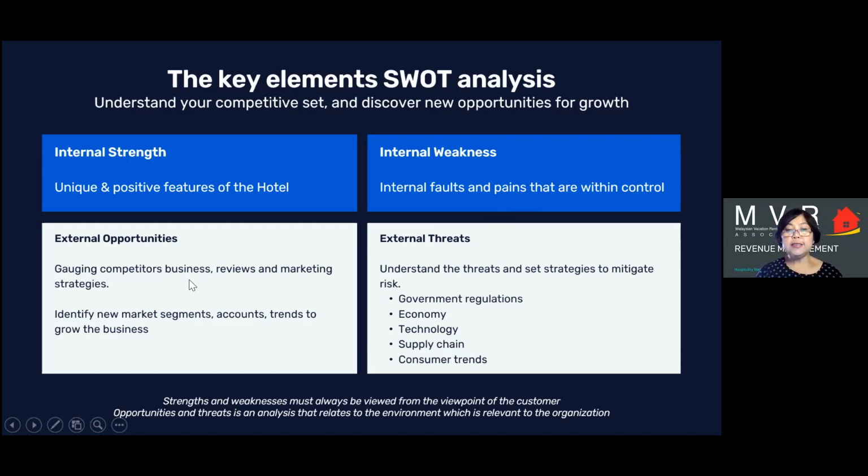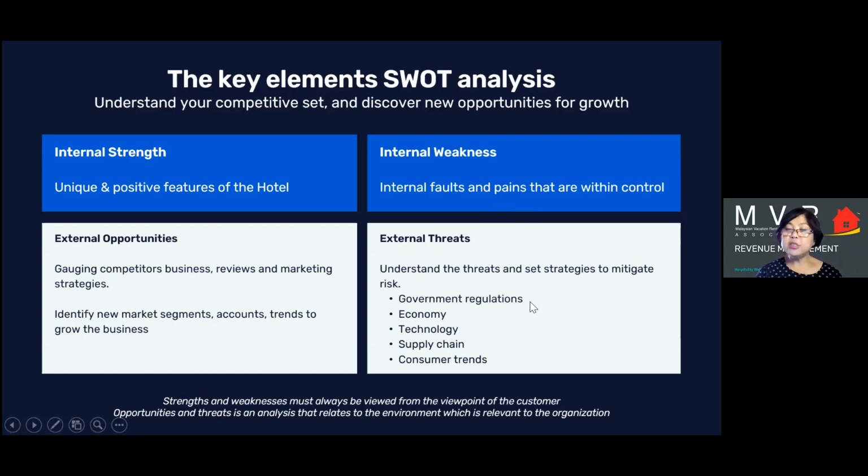External opportunities: you have to gauge competitors' business, reviews, and marketing strategy, which you may like to emulate or copy. And you got to identify new market segmentation, accounts, and trends to grow your business. An external threat is something that you won't be able to manage, but you can mitigate and control the risk.